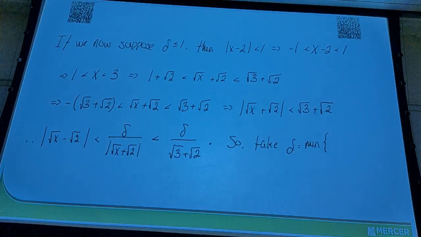So delta is the minimum between 1 and the quantity of root 3 plus root 2 times epsilon. And just remember, all this work was done with the assumption that delta is less than or equal to 1. Delta exists, so we're done.